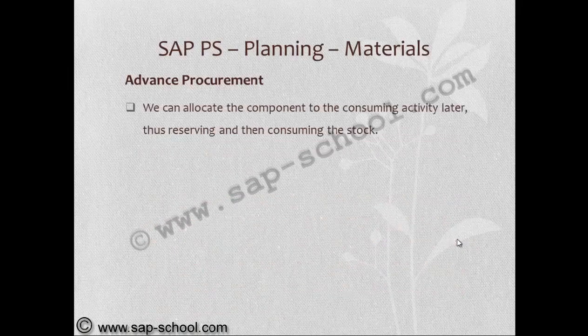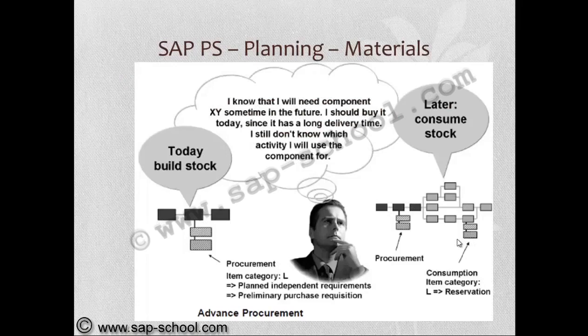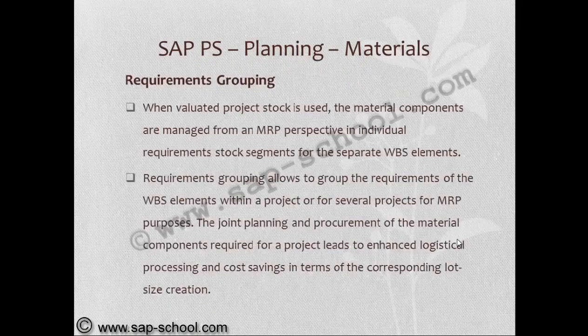We can allocate the component to the consuming activity later, thus reserving and then consuming the stock. So here we build the stock today and consume the stock later. So this is advanced procurement. We are taking care of future required materials.